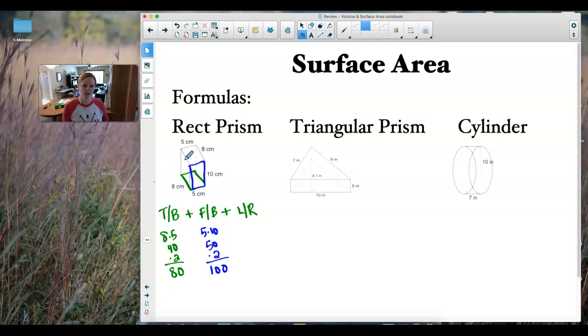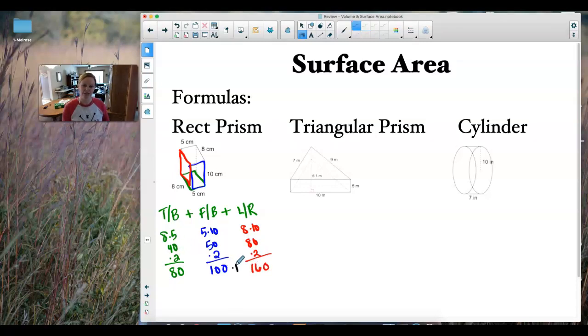And then we will finish with the left and the right. So that would be this side over here. Now that is 10 by 8. So 8 times 10 is 80, and then times by 2, so we're at 160.